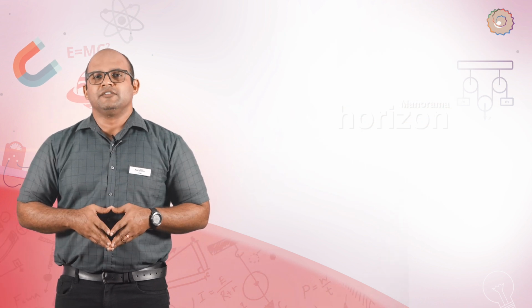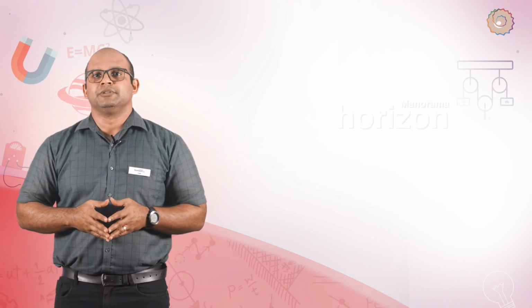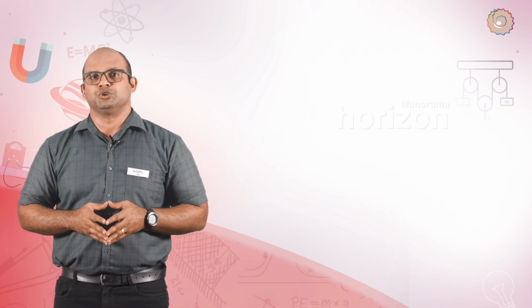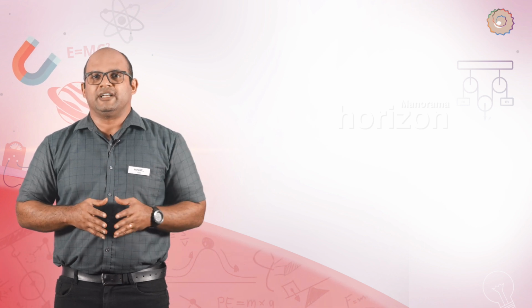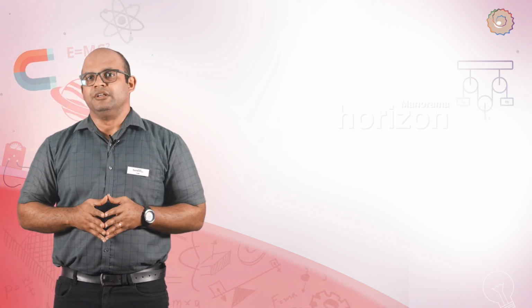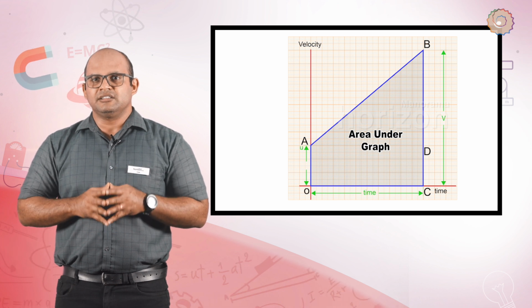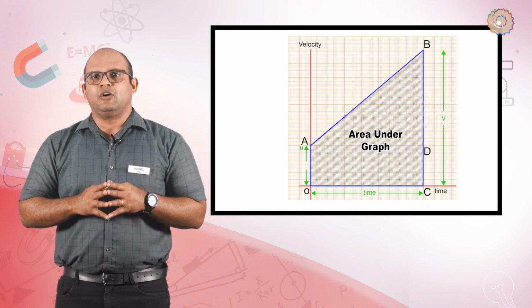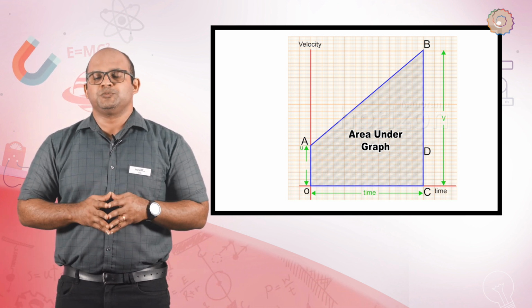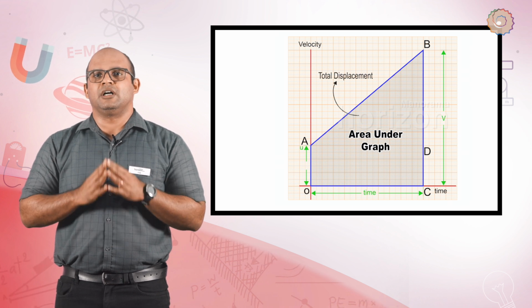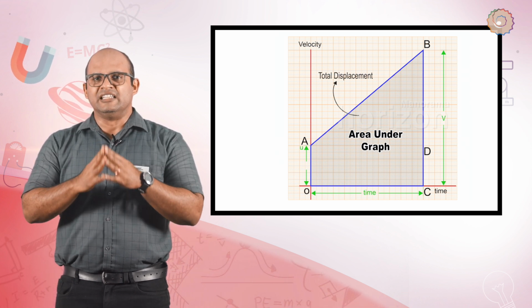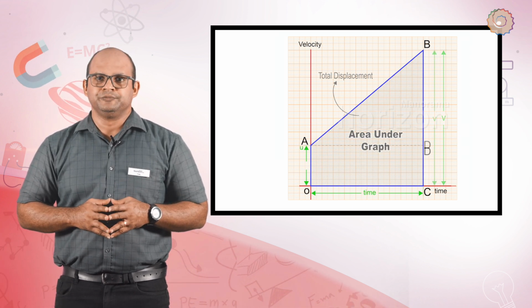We shall now derive the position-time relationship for uniformly accelerated motion. Coming back to the quadrilateral AOCB, we can observe that the area under this graph, or the area of this quadrilateral, will correspond to the total displacement undergone by the object in the time interval of consideration.